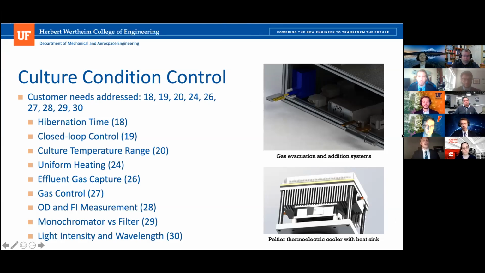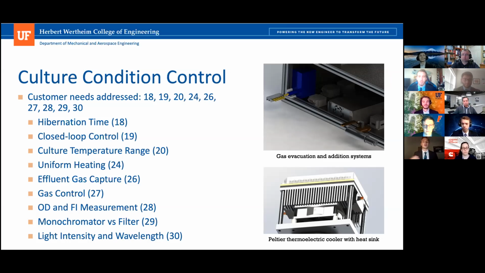We have the culture temperature range for each individual well plate that is between 4 and 70 degrees Celsius, that will be controlled by, you can see it in the lower right image of the slide, this thermoelectric cooler that allows for heating of the well plate and being able to change the temperature, again, based off of a user interface system, to decide what temperature you want things to be heated at.